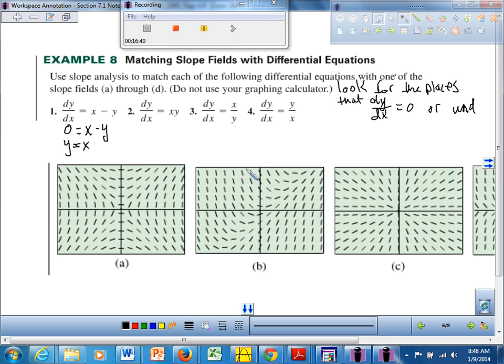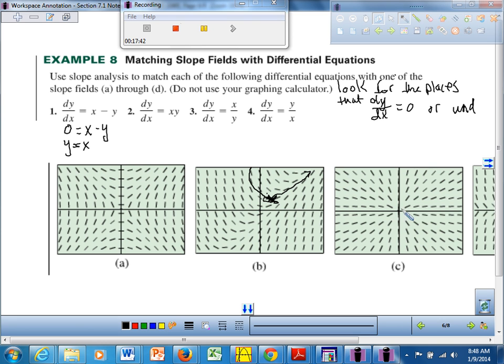If I draw one in like this, I'm going to follow this, go like that, and then up, without the hump. But right in here, we're going to have a slope of 0. That was hard to see. But I think that is the solution to number 1. I would say that it happens to be.